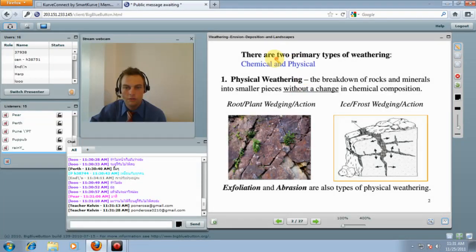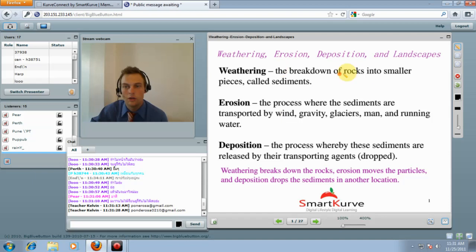So the main difference between weathering and erosion is weathering is the breakdown of rocks into smaller pieces, and these are called sediments. Erosion is how the sediments are moved away or transported from the original rock to different areas by wind, gravity, glaciers, man, running water.